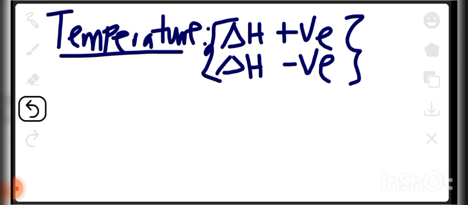So if we look at some reactions, we have some reactions that are exothermic. We have others that are endothermic. Now let me look at the first reaction.